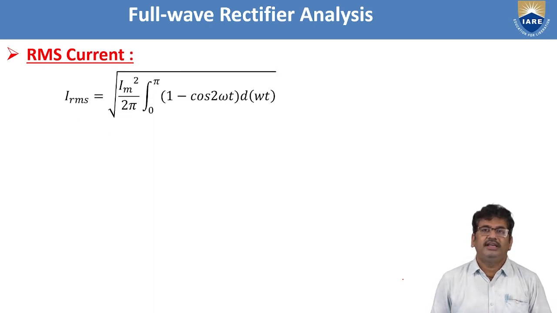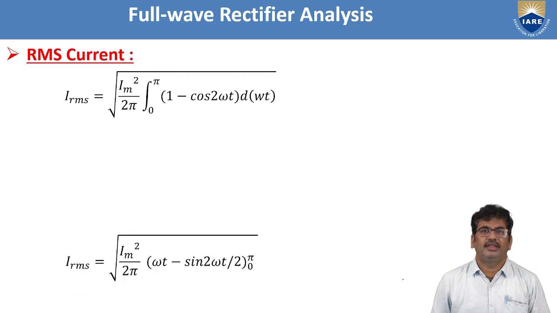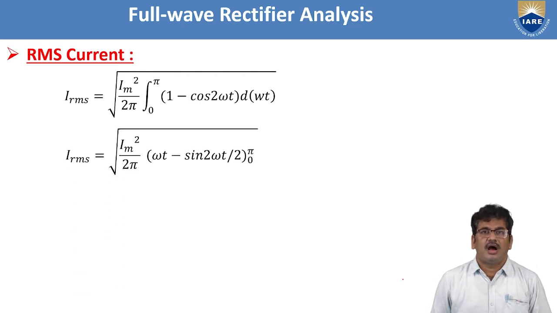So here integrate 1 with respect to omega t, and integrate cos 2 omega t with respect to omega t. Then IRMS is equivalent to Im square by 2 pi times integral of 1, which is omega t, minus integral of cos 2 omega t, which is sin 2 omega t divided by 2. The lower limit is 0 and the upper limit is pi.